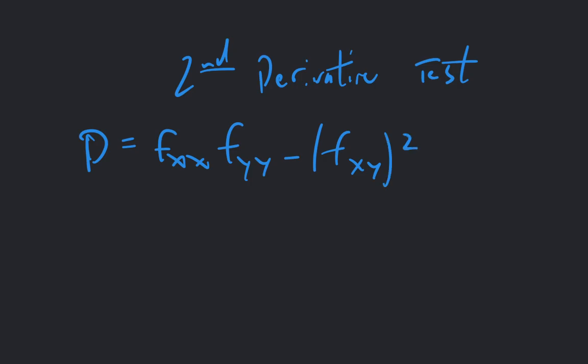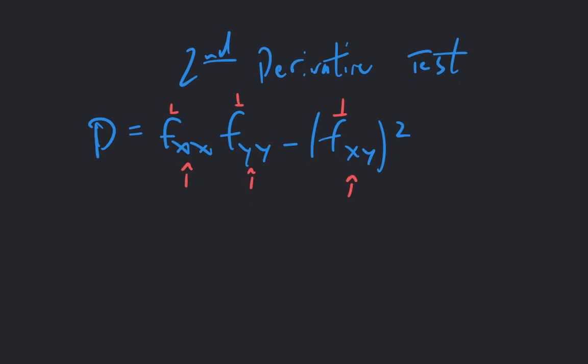And keep in mind that this is taking second derivatives of this f function. So we have a function and we are differentiating twice. And then we have this interesting property.